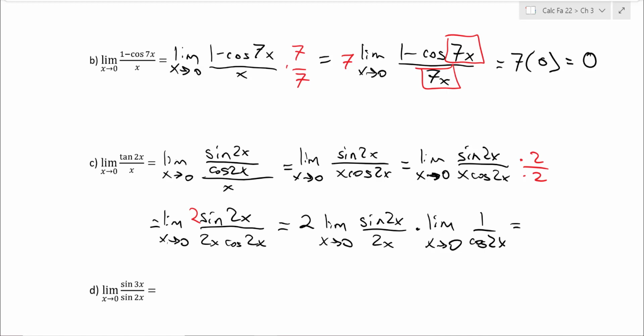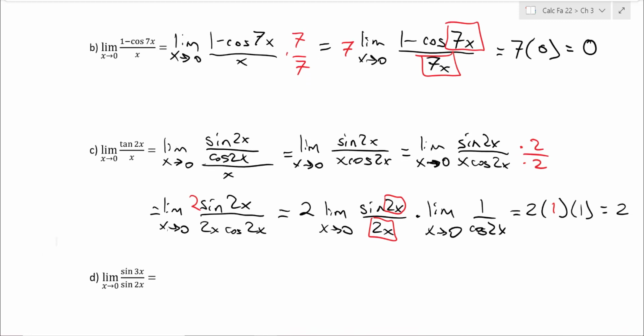And when we do the multiplication, we get a 2 for our sine 2x over 2x. As x goes to 0, we get a 1. And then our limit for 1 over cosine 2x as x goes to 0. Cosine of 0 is 1, so that gives us a 1 over 1, or another 1, so it should give us a 2.